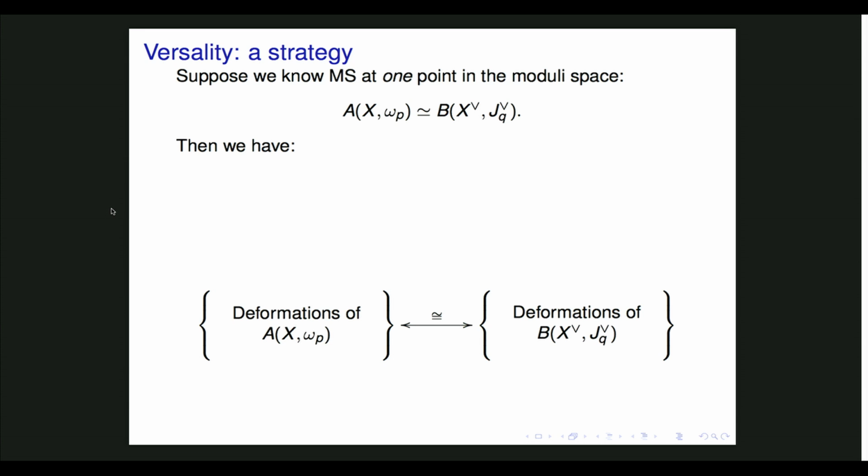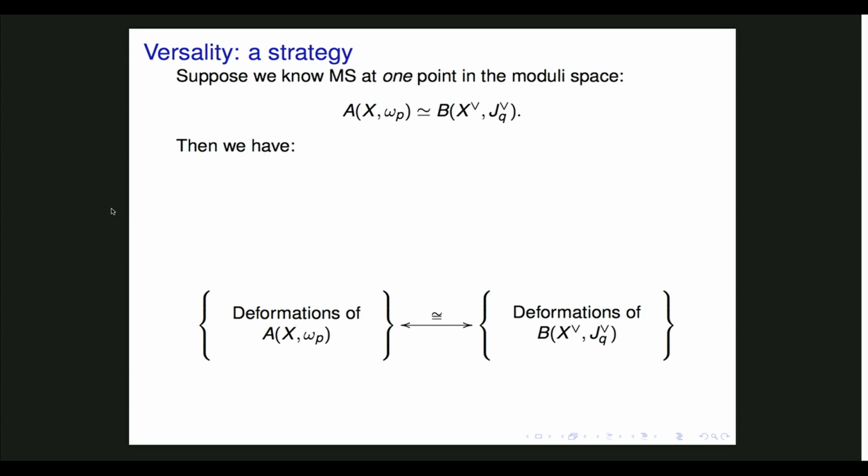So suppose that we know how to prove mirror symmetry at one point in the moduli space for any of these versions, homological or Hodge theoretic or whatever.